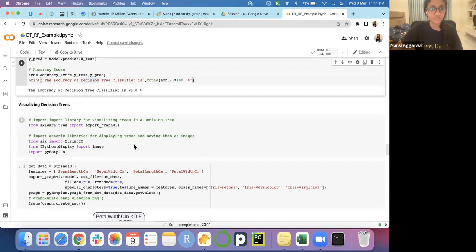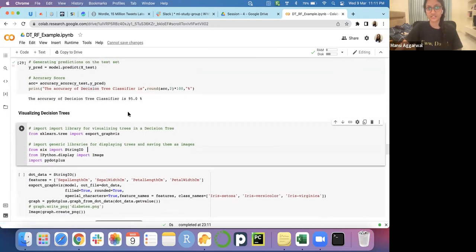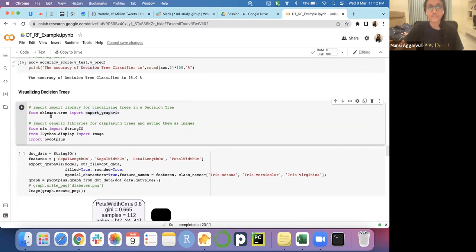Okay. Now let's visualize a decision tree. For that, we will use the tree module and import this function, export_graphviz. From six we're importing. These are generic libraries.